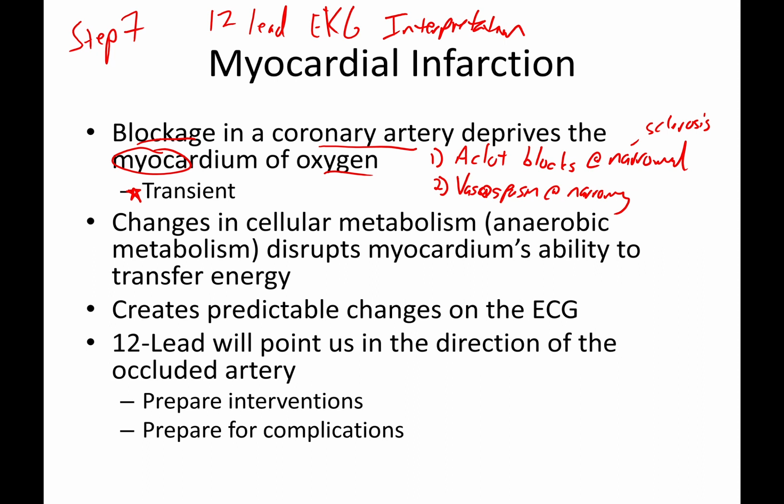So if you think about that patient who's got a 90% blockage on a good day, and then for whatever reason that artery winds up spasming and tightening down, it doesn't take much to put that 90% down to 100%, and there's no flow through that artery. In those situations with the vasospasm, for that period of time, it'll look just like an MI because you're depriving that cardiac muscle of oxygen.